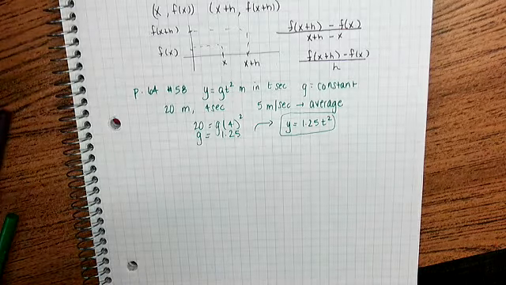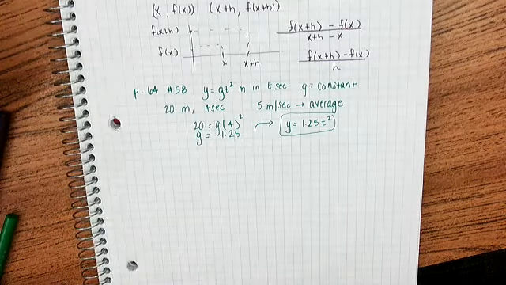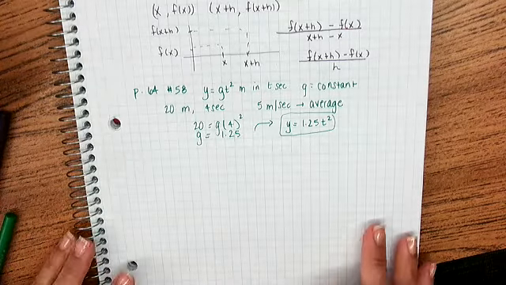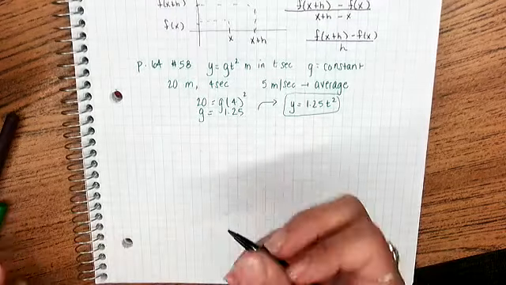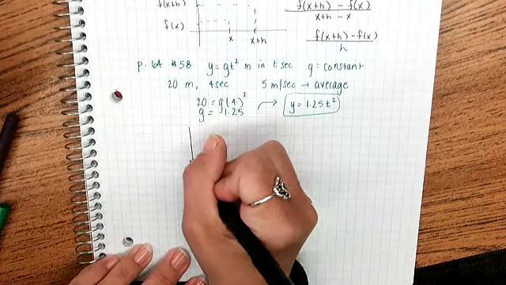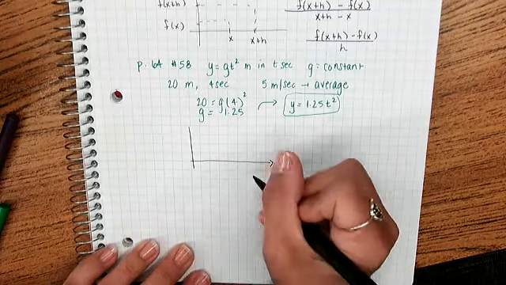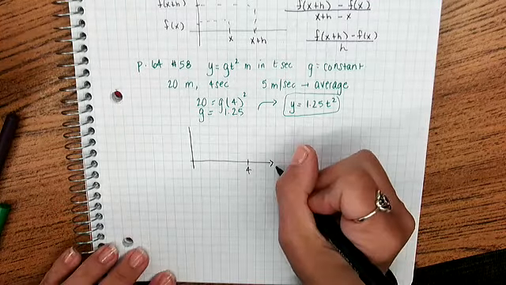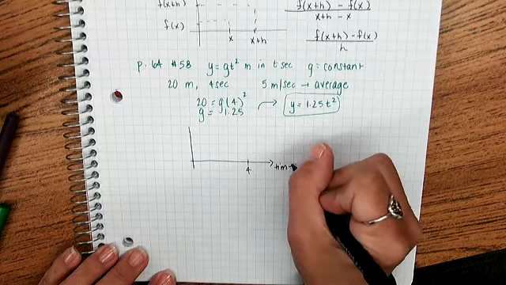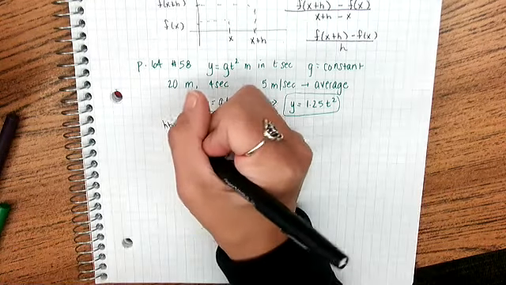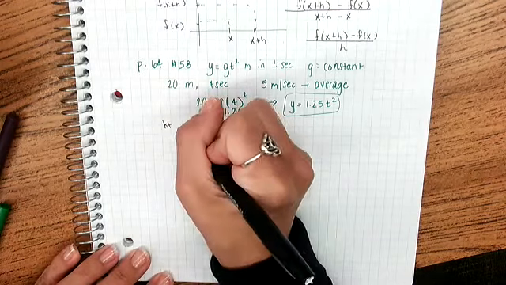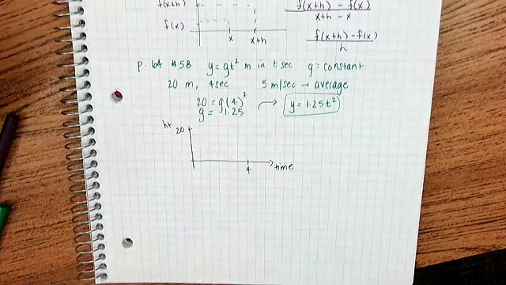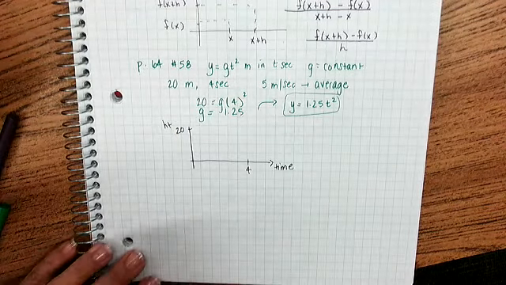Well, the easiest way to figure this out is, let's say that the rock kept going. Trust me. I'm just going to draw some random graphs. This is time, and this is going to be height above the crevice.